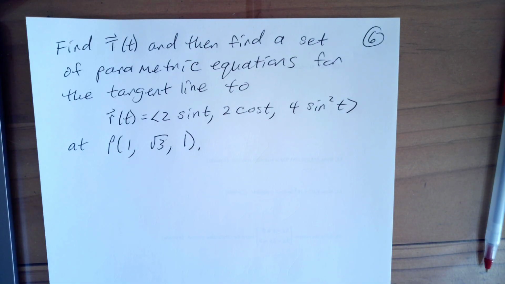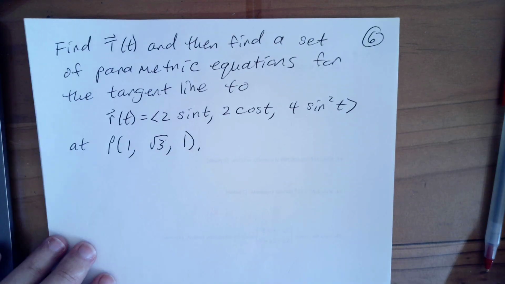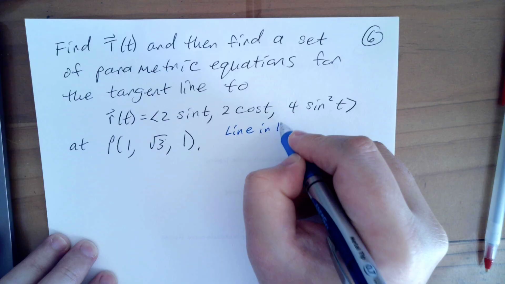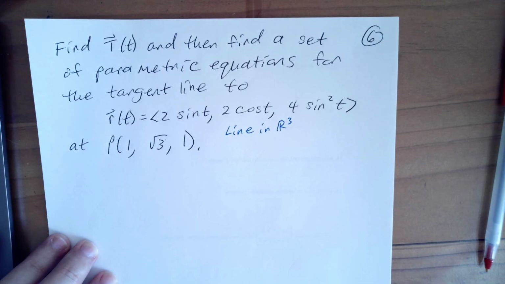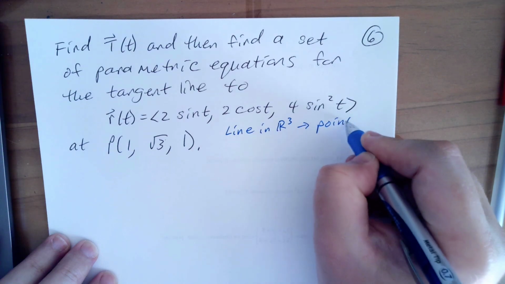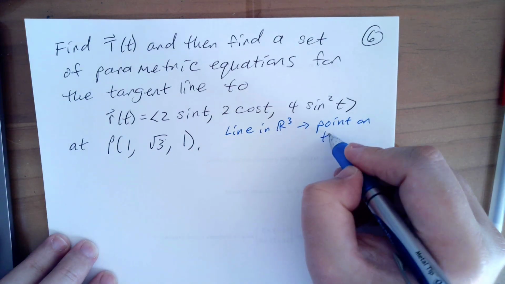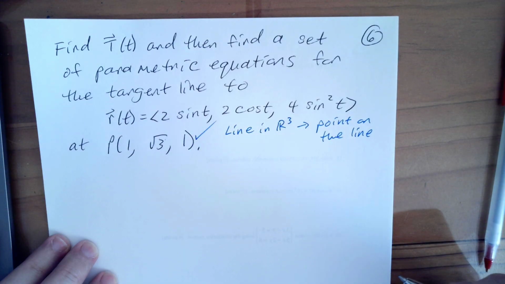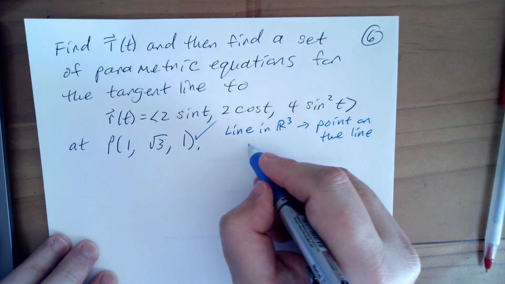So, a little bit of a review. If we want to figure out a line in 3-dimensional space, of course, we need a point that's on the line. We have it. And we need one more thing.